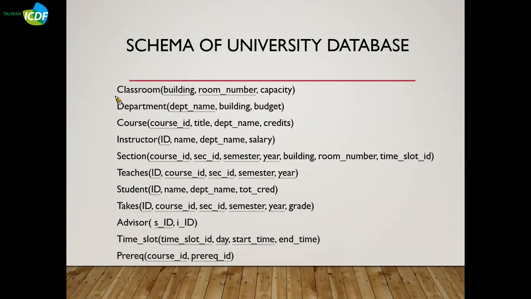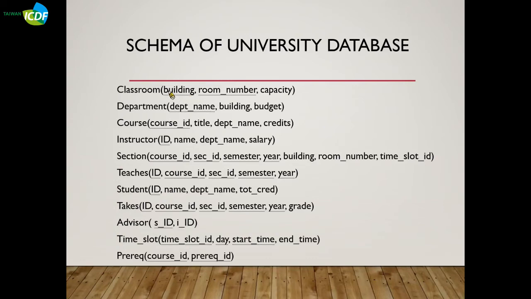For example, the classroom table has a composite primary key which consists of building and room number. So it is clear that capacity is a non-key attribute. Here it has to be noticed that any part of the composite primary key needs to be treated as a non-key attribute.